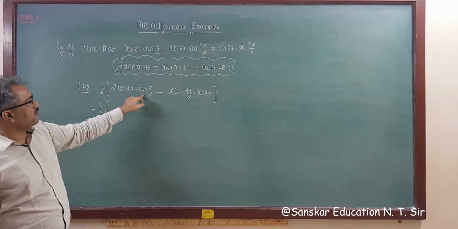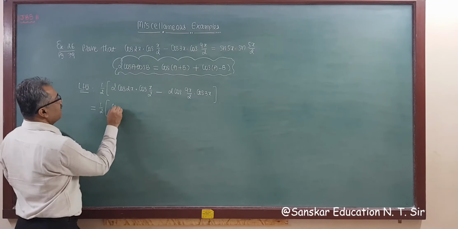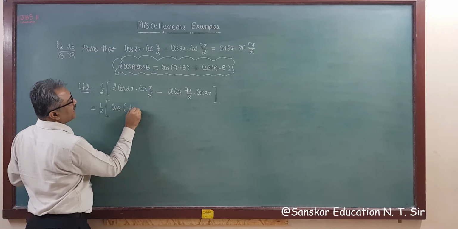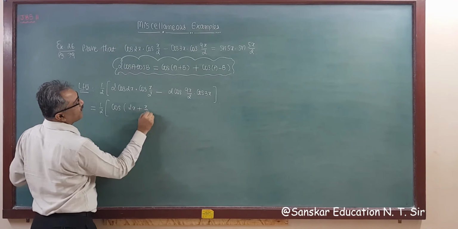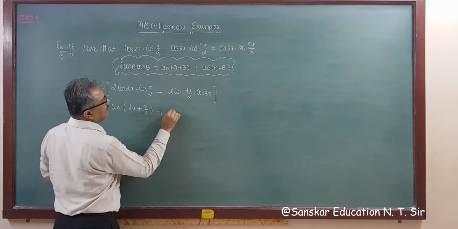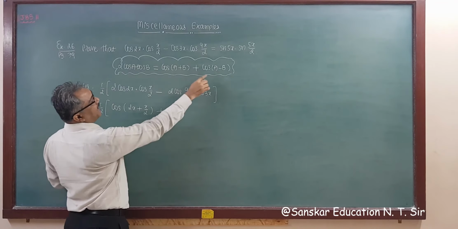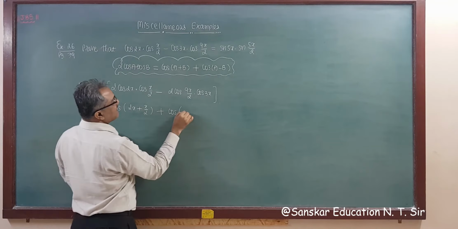2 cos A cos B is cos A plus B, so this is cos of 2x plus x by 2, plus cos A minus B, that is 2x minus x by 2.